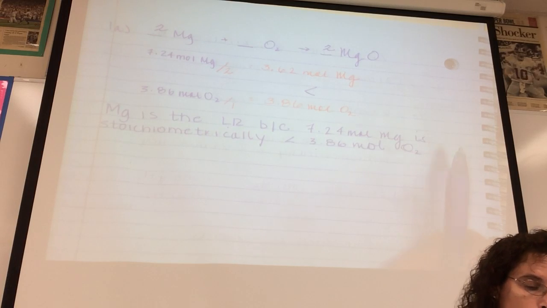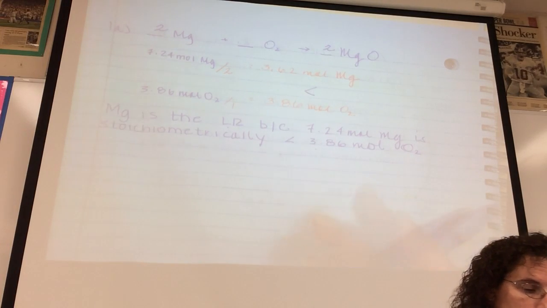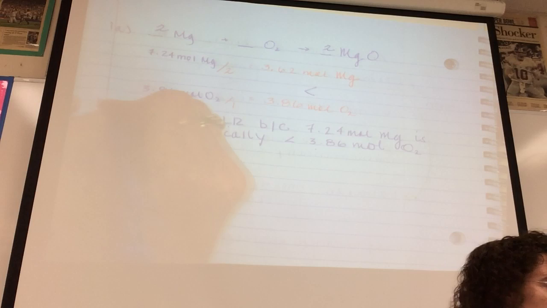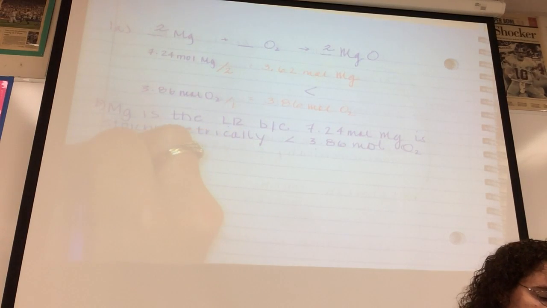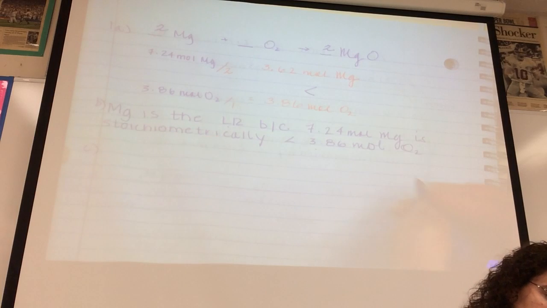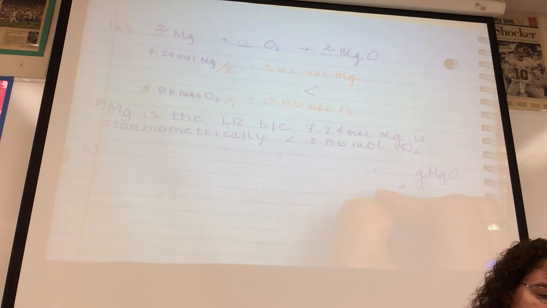Okay? Once you have that, so this would be B, and in C they're asking for what mass of magnesium oxide should be generated, that is the theoretical yield.